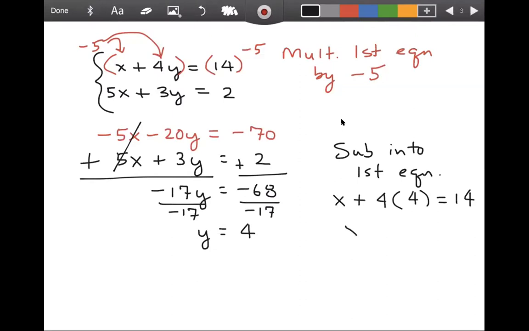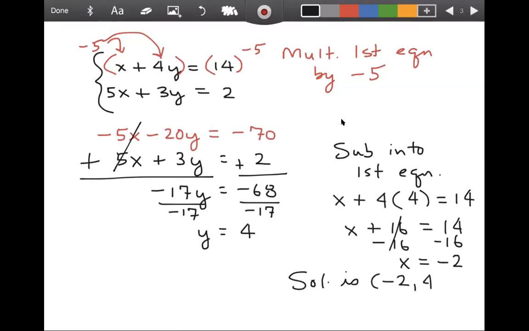Y is 4. So we get x plus 16 equals 14. Subtracting 16 from both sides, we get x equals -2. So I think the solution is -2, 4. And strongly recommended that you check that.